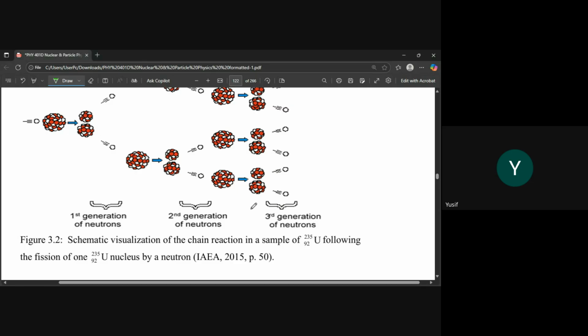I hope you get it. So, sir, can you say that the fifth generation is the fifth chain of reaction that occurs from the parent nucleus? Yes, you can say that. That is accepted.